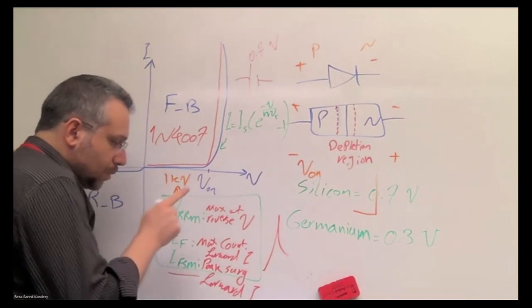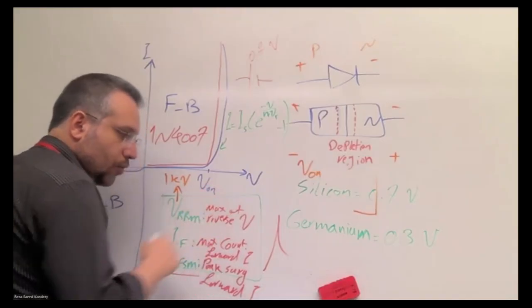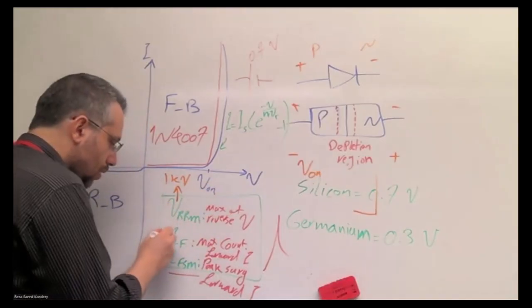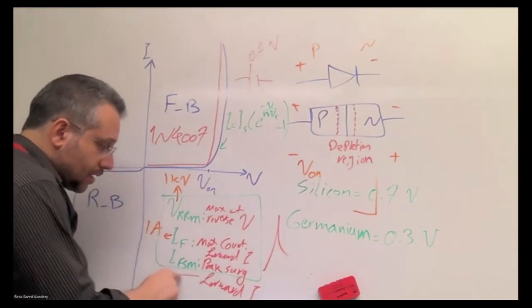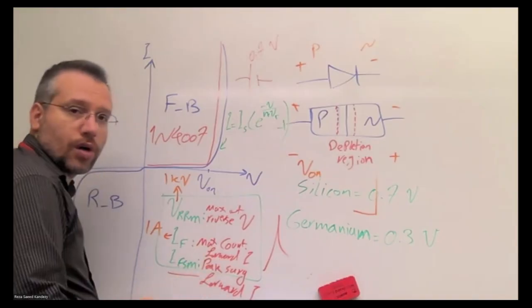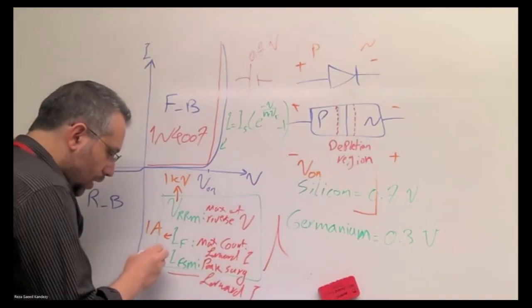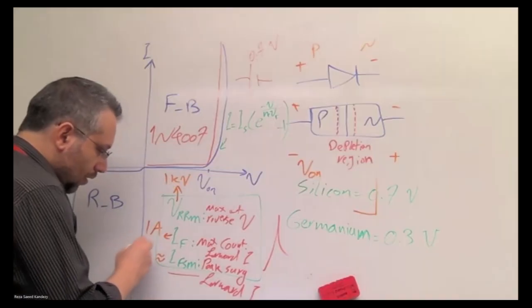The maximum continuous forward current is normally about 1 amp, and the peak surge forward current is normally around 30 amp.